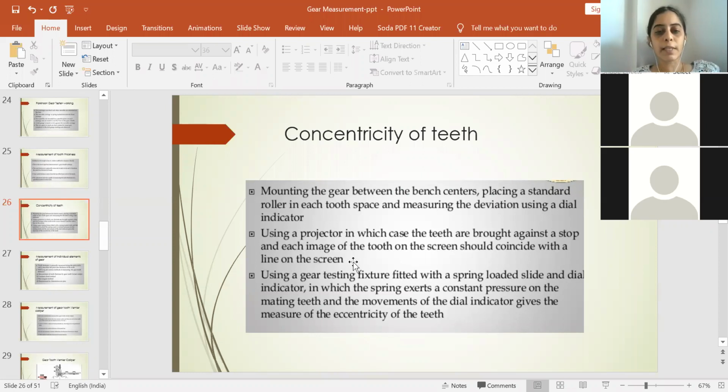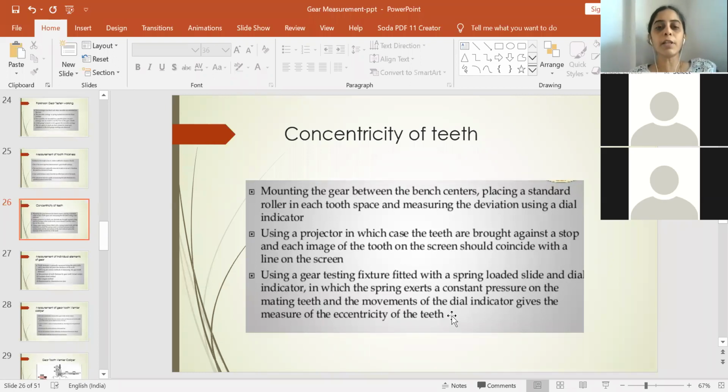When it coincides, using a gear testing fixture fitted with a spring-loaded slide, the dial indicator will provide us the reading, in which the spring exerts a constant pressure on the mating teeth and the movement of the dial indicator gives the measure of the eccentricity of the teeth.